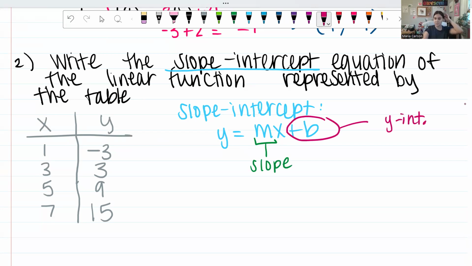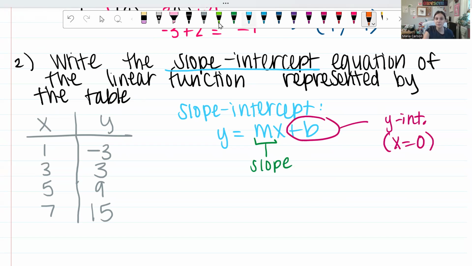So we need to find these two things. Our y-intercept, our b value, is where we cross the y-axis. And remember, that is where x equals 0. I don't see where x is equal to 0 on my table, so I can't see it visually here. I'm going to have to dig for it a little bit.